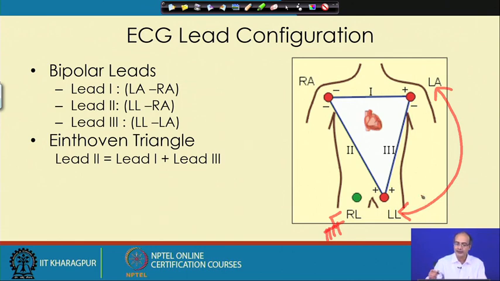Now, as we get these signals, they are forming a triangle. The signal vectors also act in that way.